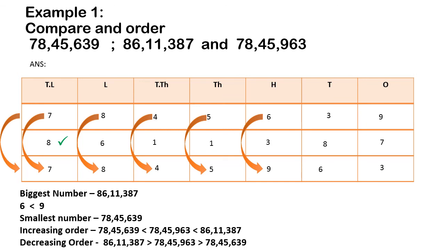So for the decreasing order, first you have to write the biggest number. So 86 lakhs 11,387 greater than 78 lakhs 45,963, then greater than 78 lakhs 45,639. Okay. So this is how we have to find out the smallest number and biggest number, then we can order.